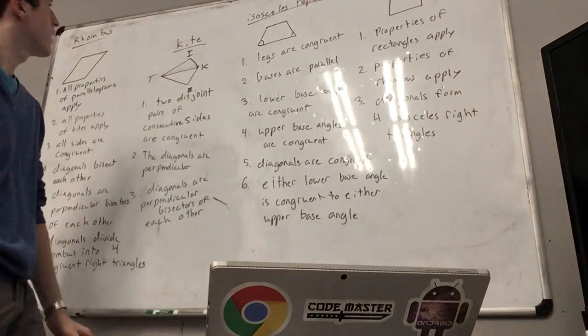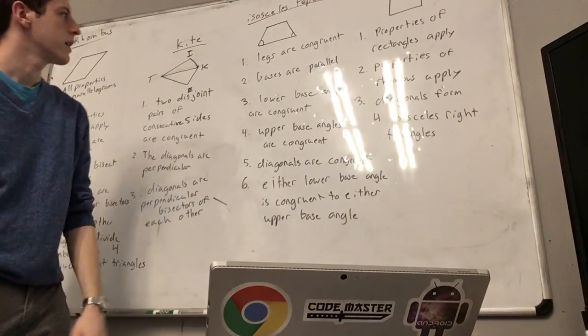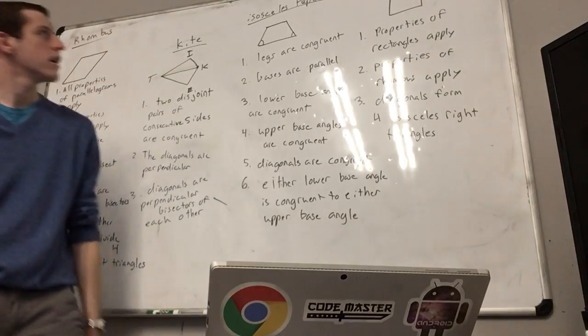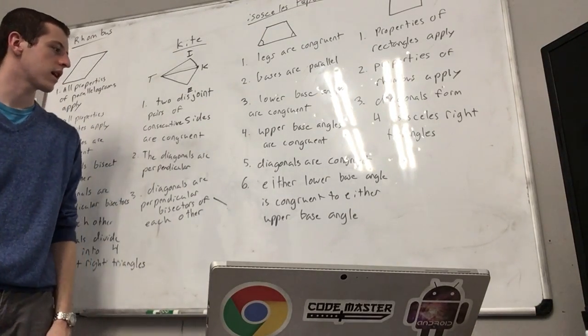Okay. Finally. I'm done there. Really quick, for isosceles trapezoid, we've got a couple properties.